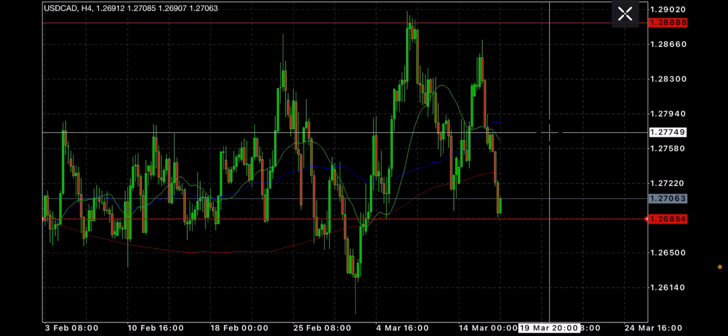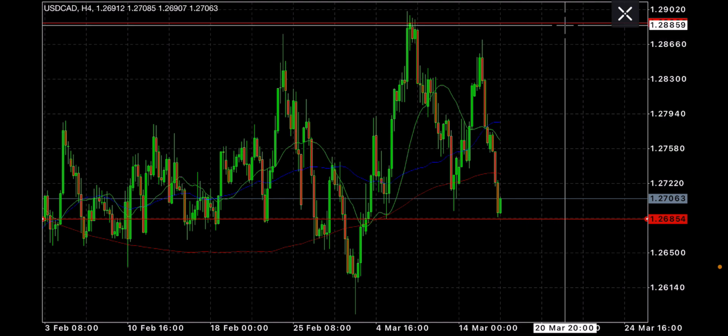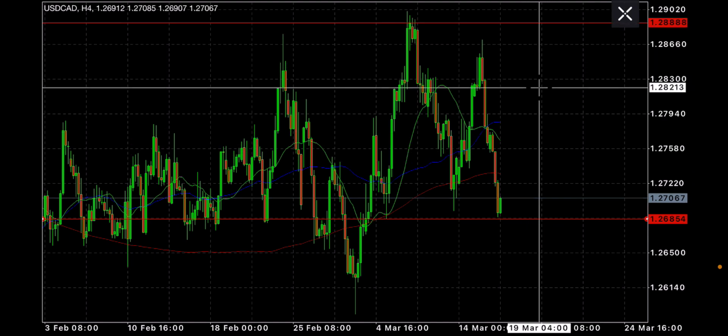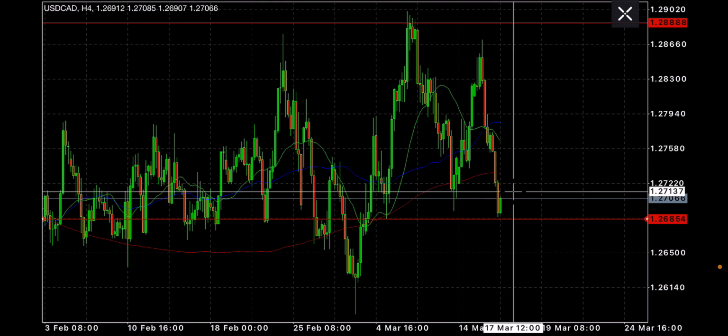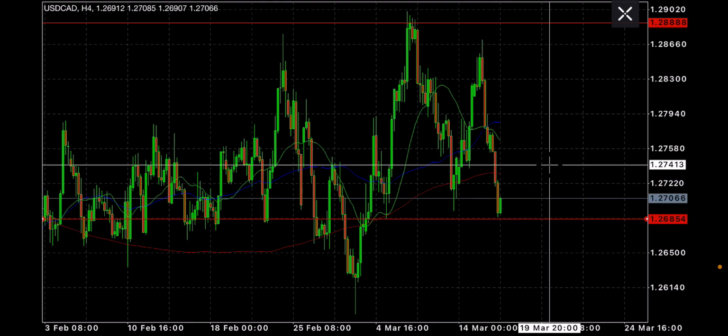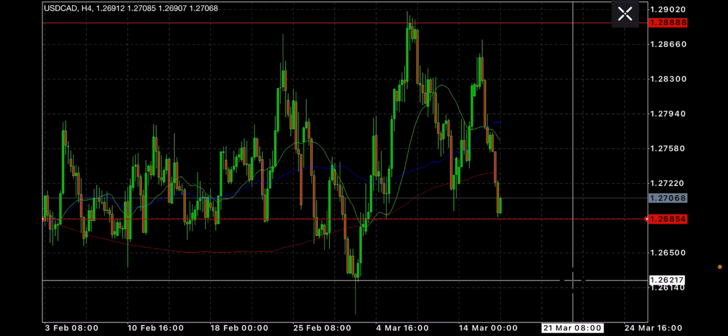Now, the only possible scenario in which a move could start to happen to the long side is if the USD gains a lot of significant strength after the Fed hikes its interest rate. So, like I said, we're going to have to see how that plays out. But if the interest rate news that comes out does not support the USD with any type of strength, then we'll continue to see prices dropping towards the short side, eventually breaking this range and heading down.